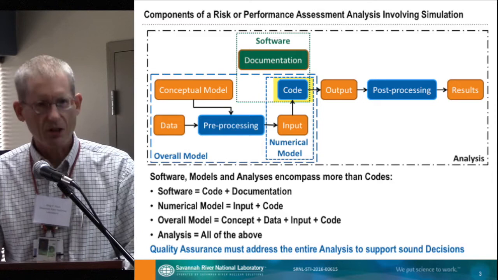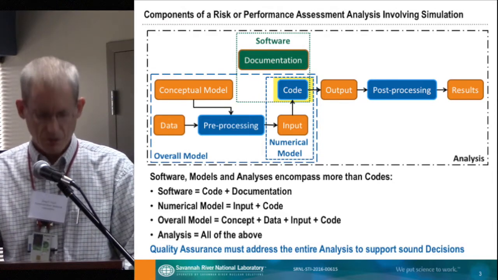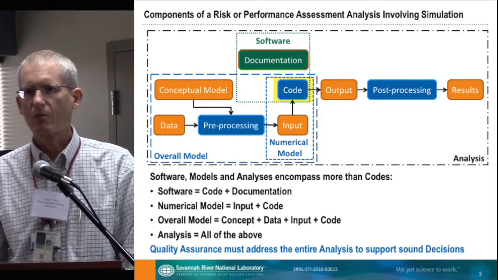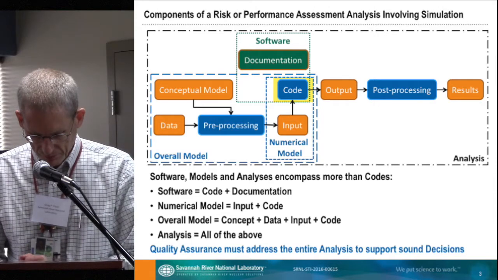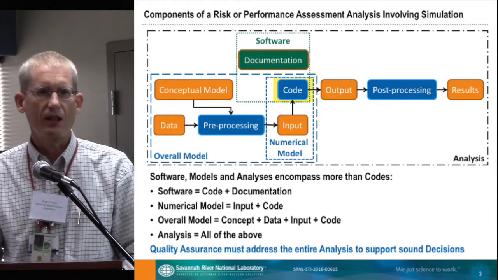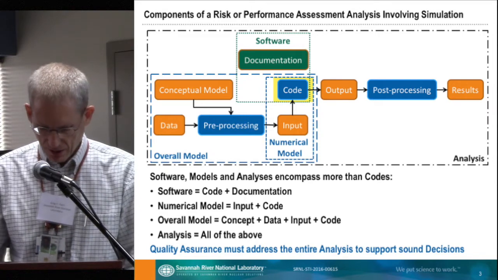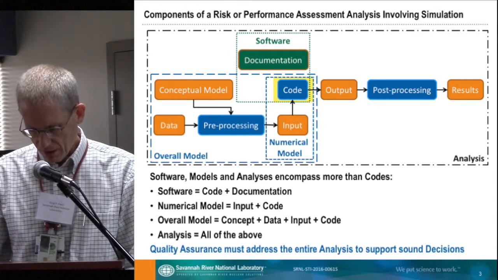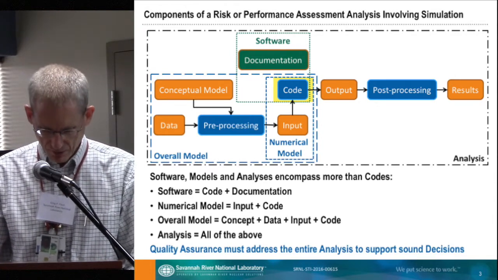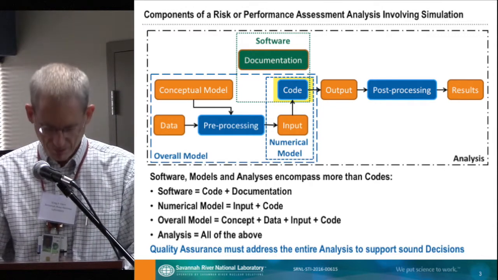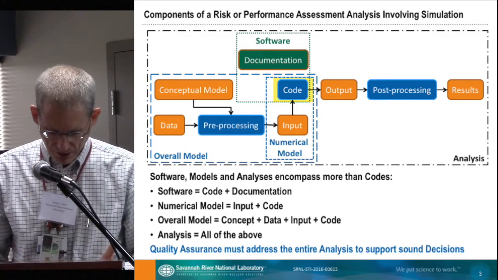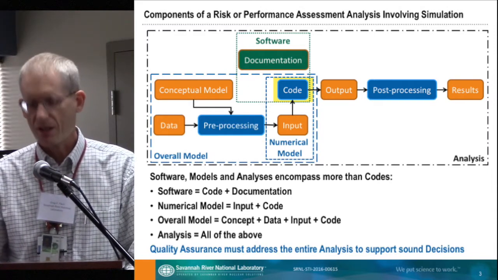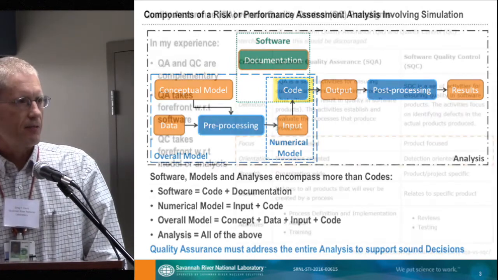So if we want to talk about an overall model, it really encompasses all those elements: the concept, the data, the input to a numerical model, and the numerical code itself. And then beyond that, if we talk about the entire risk or performance assessment analysis, we're also talking about outputs from codes, potentially some post-processing, and that ultimately leading to results that come to a decision. So the overarching idea here is quality assurance must address all of these elements of an analysis if we're going to reach a sound decision. So next slide.